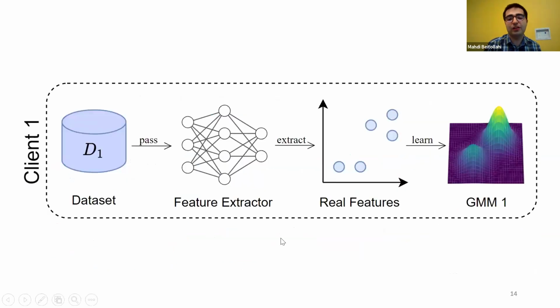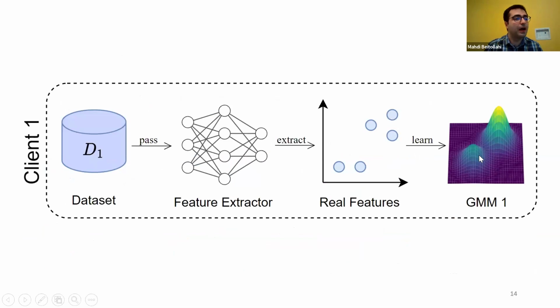So at each client, let's just consider client one, we pass the dataset and we extract the features from the foundation model. This feature extractor is a frozen foundation model that we are extracting the real features from, right? So we are going to pass the dataset for each label. We're going to extract the features of each label of each client to get the real features. And from that, we're going to learn a parametric model.